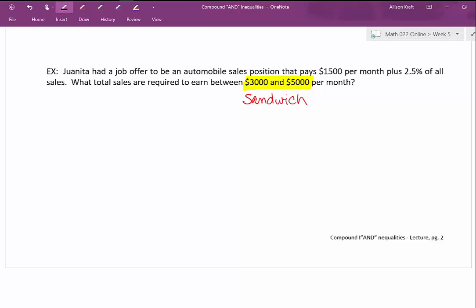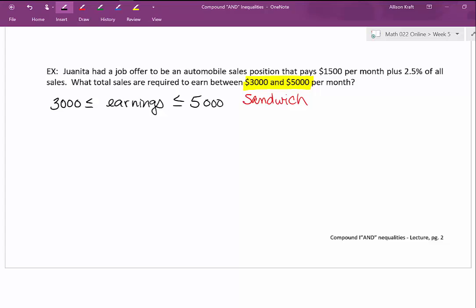I want my earnings to be between $3,000 and $5,000. Now we just need to figure out the expression for her earnings. She's earning $1,500 flat per month plus 2.5% of all sales.